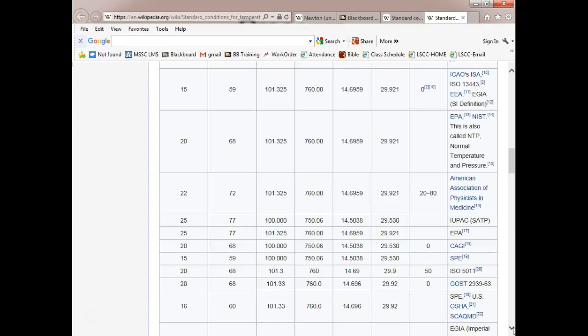So we're going to use 14.7 psi, and whether you use 100 or 101 is not going to make that much difference, especially when you look at our indicators, because you're not going to have enough resolution on our indicators to tell the difference between 100 and 101, right? Does that make sense?